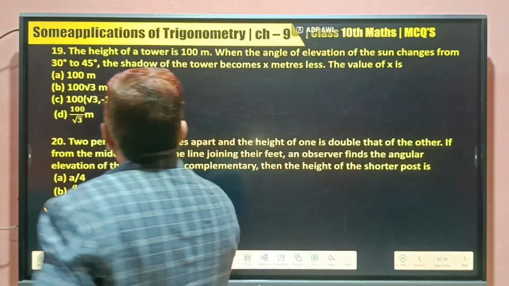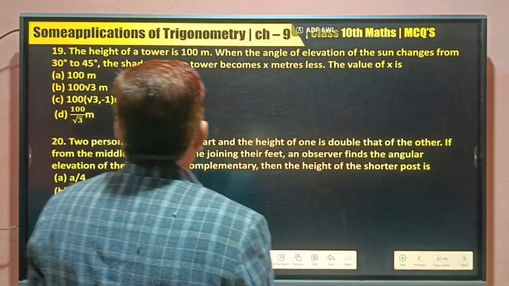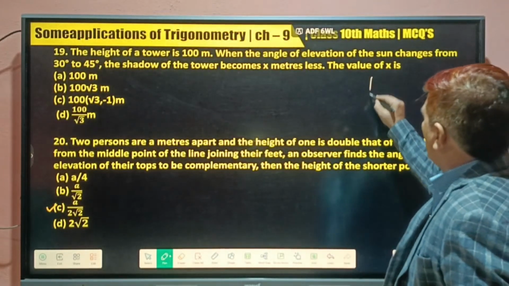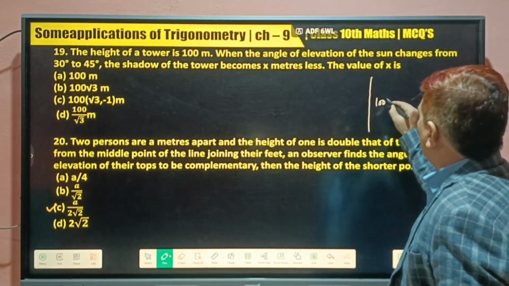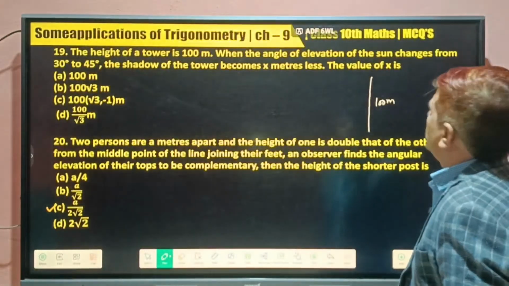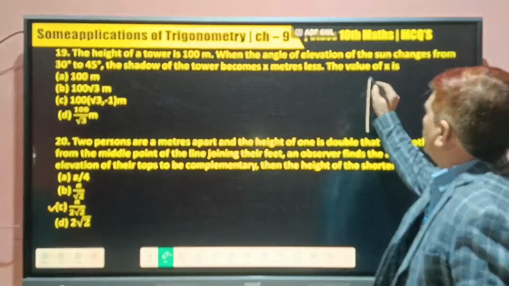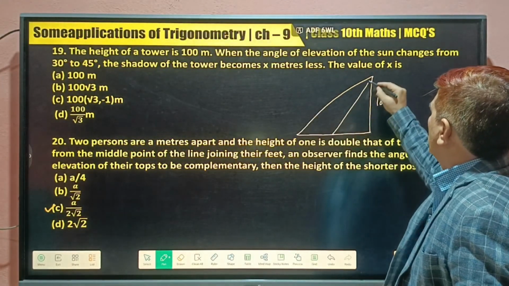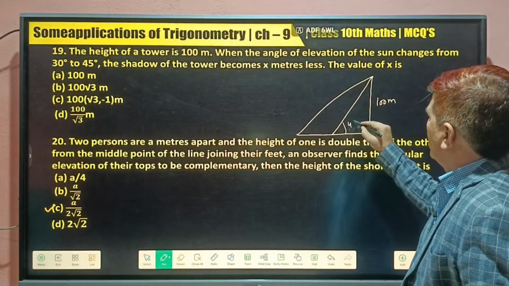Question 19. The height of a tower is 100 meter. When the angle of elevation of the sun changes from 30 to 45 degree, first it is 30 degree, then it changes to 45 degree.